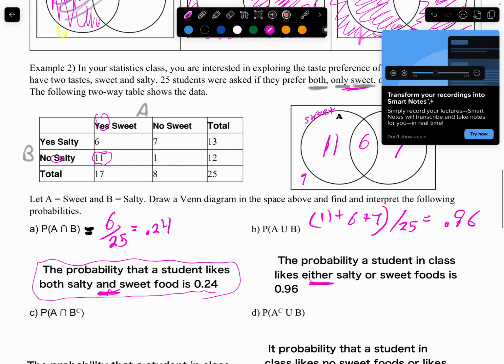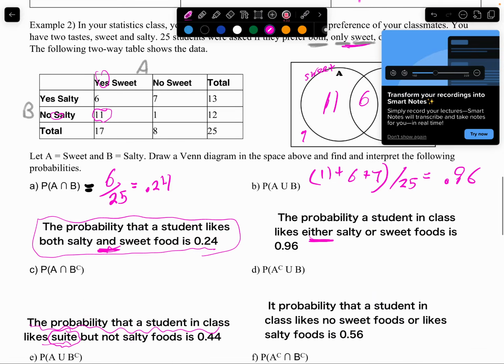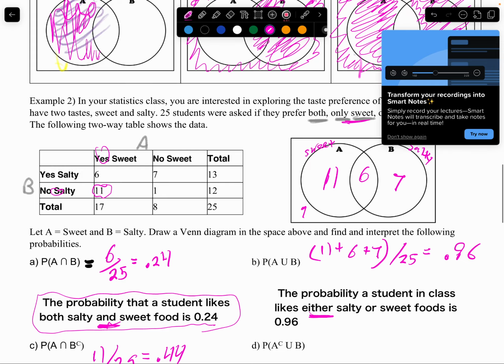There would be the and C. Where am I? 11 out of 25, which is 0.44, I think. Right?